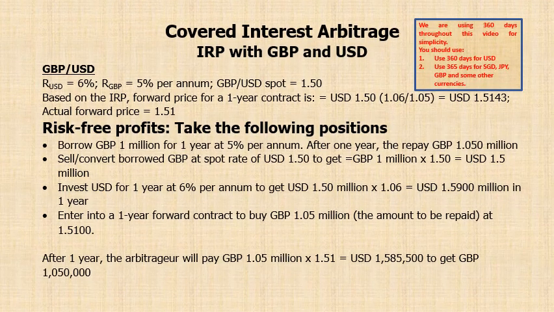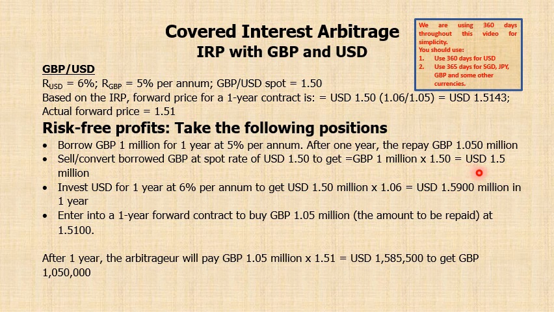An arbitrager can make profits by using the following strategy. Borrow GBP 1 million for 1 year at 5% per annum. And after 1 year, the arbitrager will need to repay this GBP 1 million with 5% interest, which will come to GBP 1.05 million. Convert the GBP 1 million borrowed into US dollars at the spot exchange rate of 1.5 to get GBP 1 million into 1.5, which is equal to USD 1.5 million.